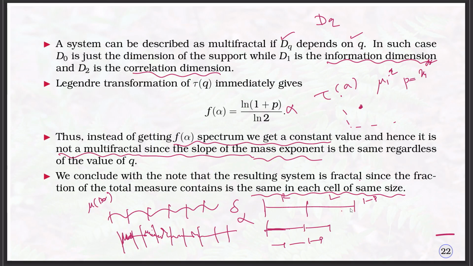There are two things we have now discussed. One is the triadic Cantor set, another one is the random Cantor set. In the triadic Cantor set, the self similarity is deterministic, in the exact manner. In the random fractal, the self similarity is not exact, it is random, because it depends on the probability whether we keep the right hand side or remove it. But in both, if you compare, their distribution is uniform.